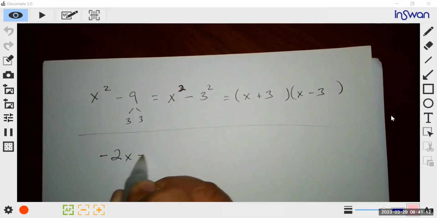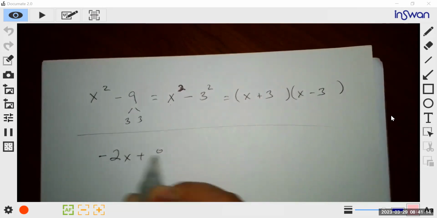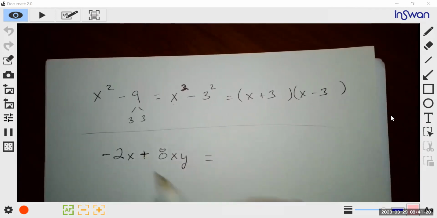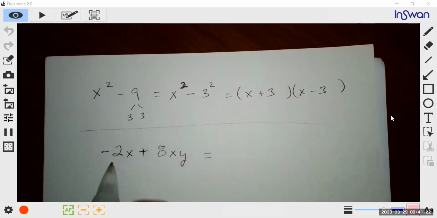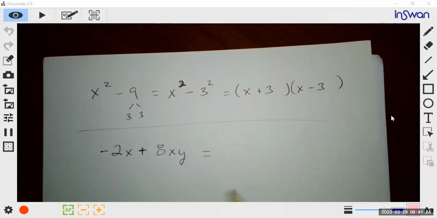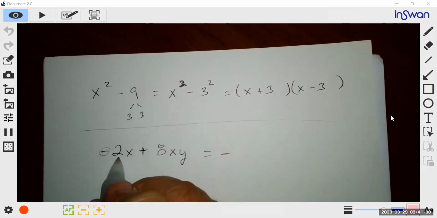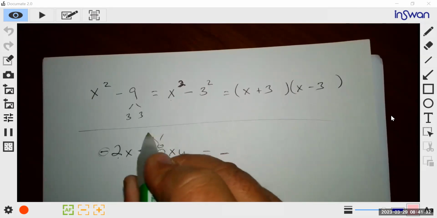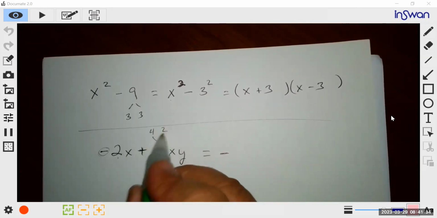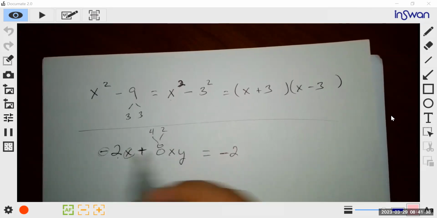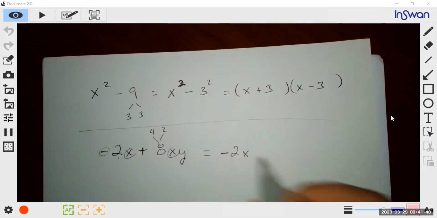Negative 2x plus 8xy. What do both of those terms have in common? Well, since the first term is negative, we can take out a negative. 8 is made up of 4 times 2, so they both have a 2 in common also. They both have an x, so I take out the x.